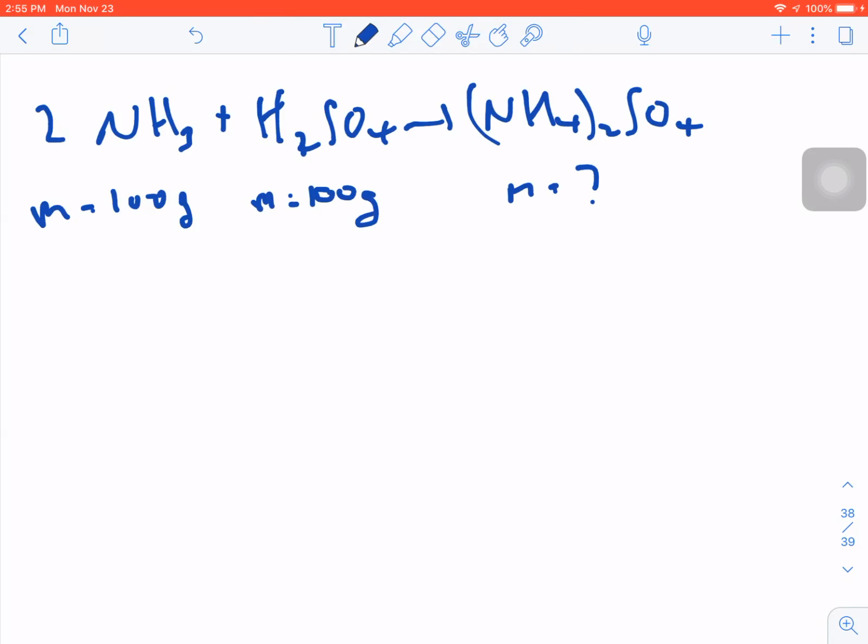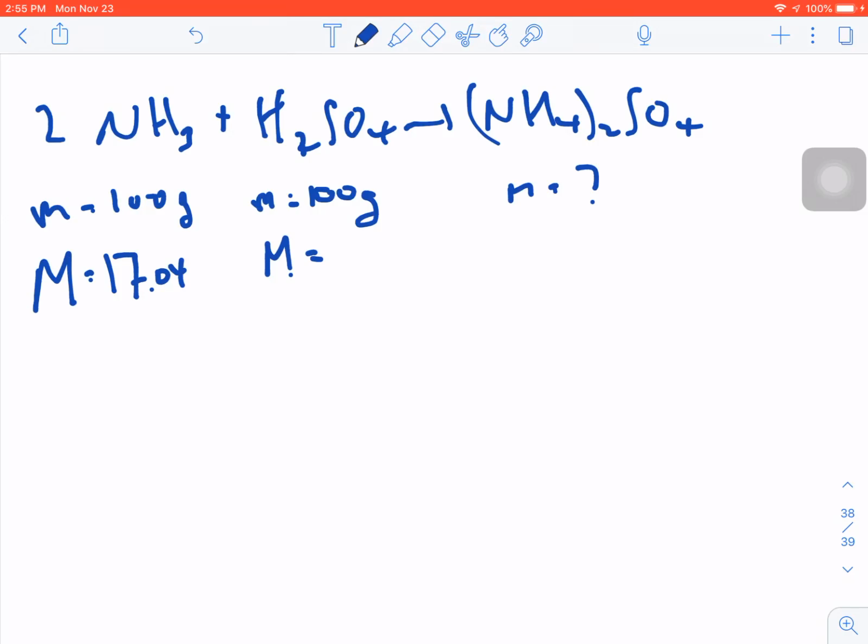I will give you the molar masses. Molar mass for ammonia is 17.04 grams per mole. Molar mass for sulfuric acid is, get my periodic table out here.